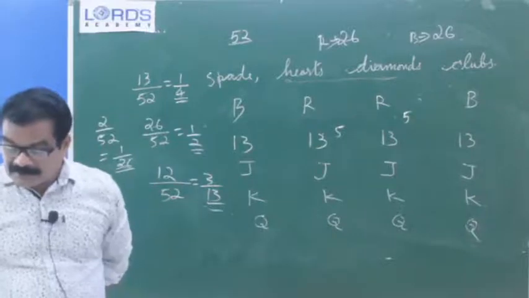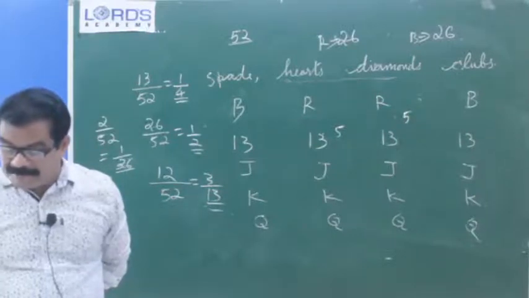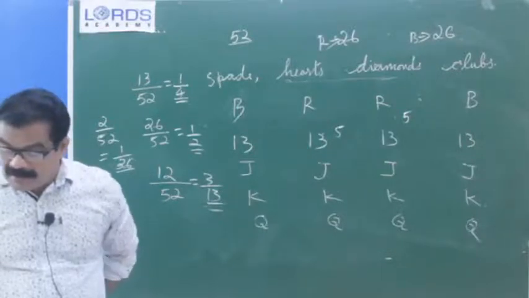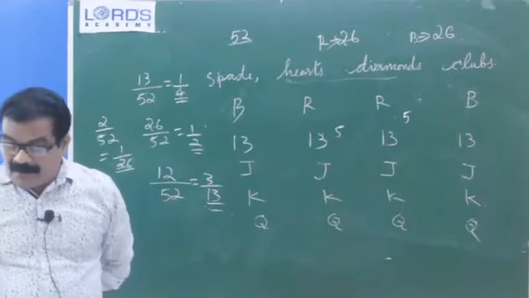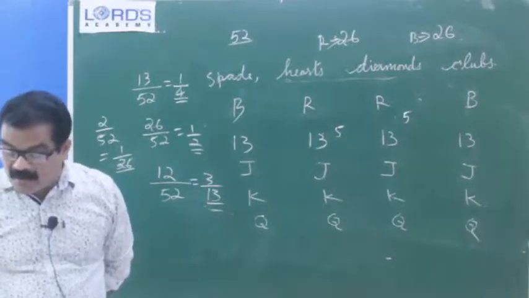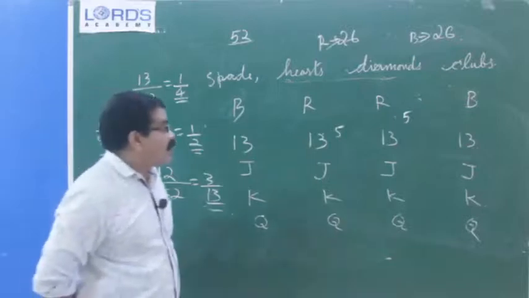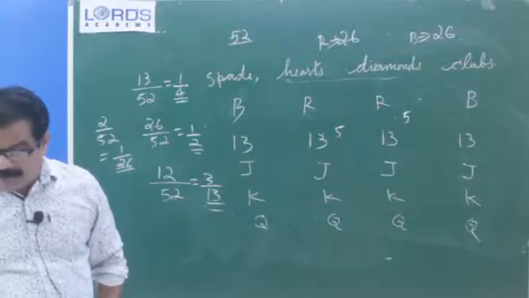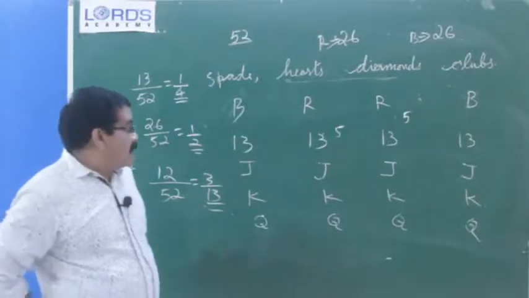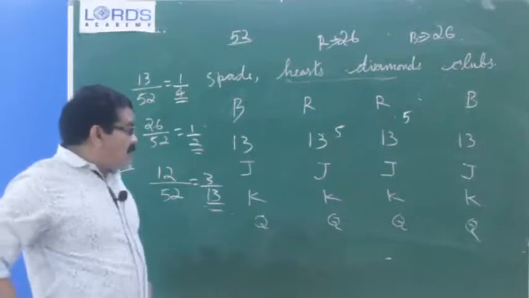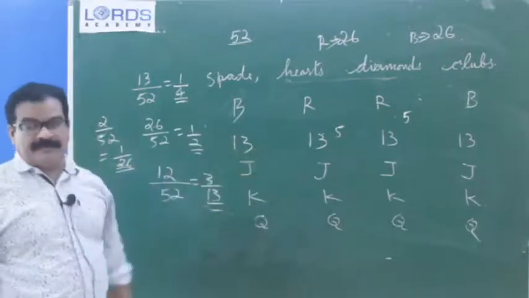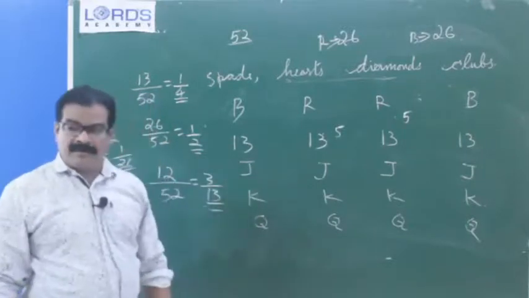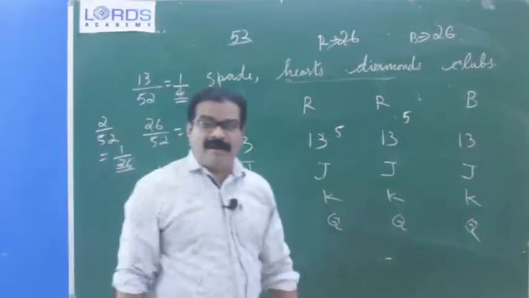The next subdivision 5. What is the probability of getting jack or queen? How many jacks are there in this pack? You find out how many jacks and how many queens you take. Anyone please tell me the favorable case in this.